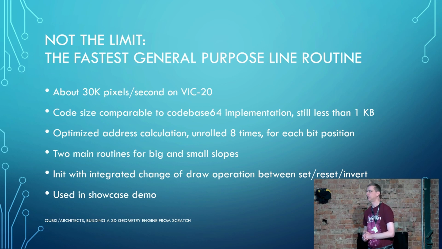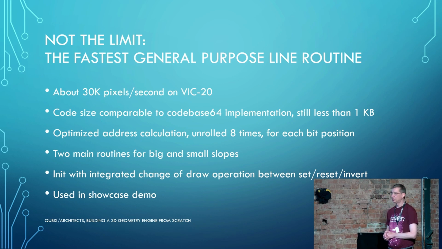In the end, and this is for the example at the beginning, the icosahedron inscribed in the cube, I also improved on the line routine. The line routine I use does about 30K pixels per second on the VIC-20, and it's 50% faster than the other example on Codebase, but still about the same size.